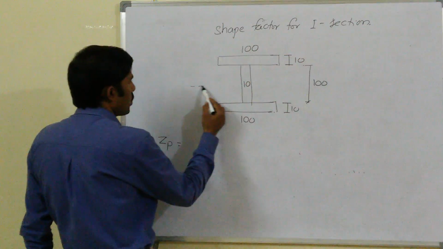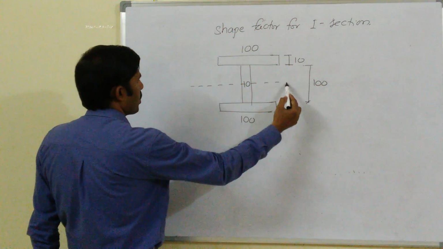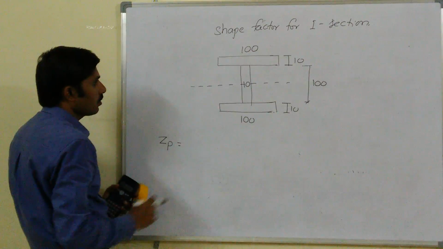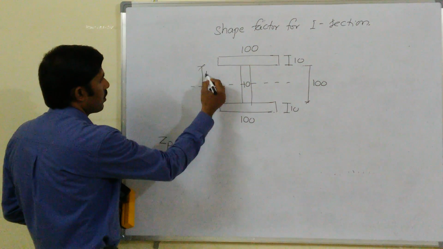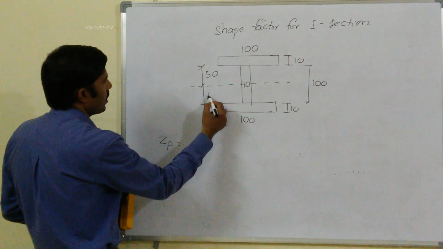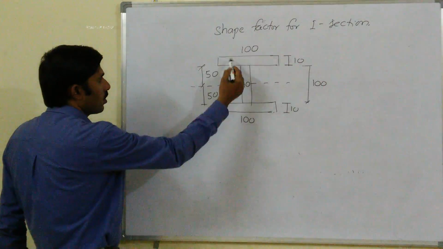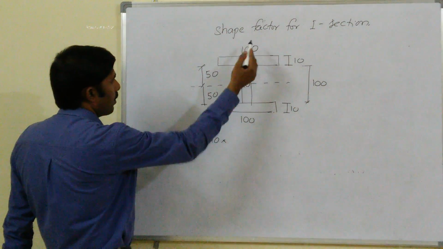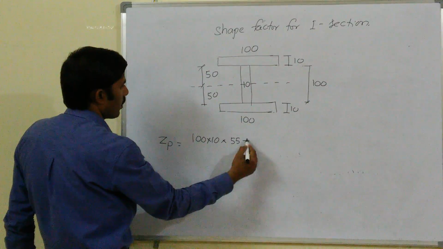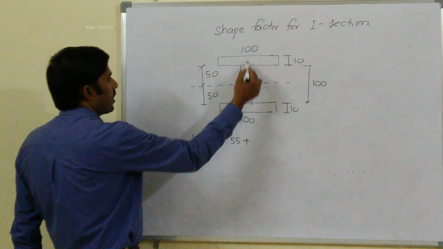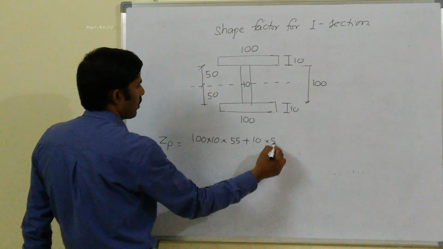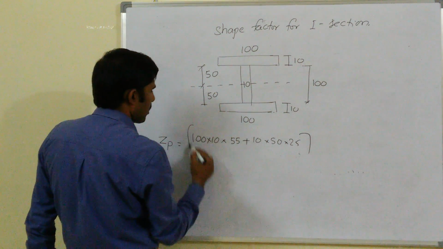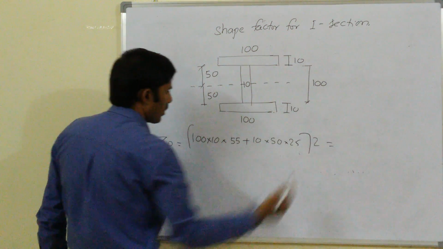We know the equal area axis is almost in the middle here. So ZP equals, this is 50 and this is 50. So 100 into 10 into 55, plus this one is 10 into 50 into 25, the centroid distance, and similarly the bottom also, so 2 times that.